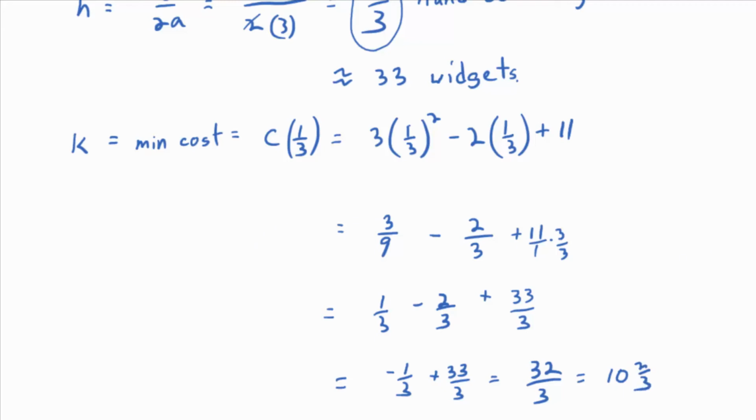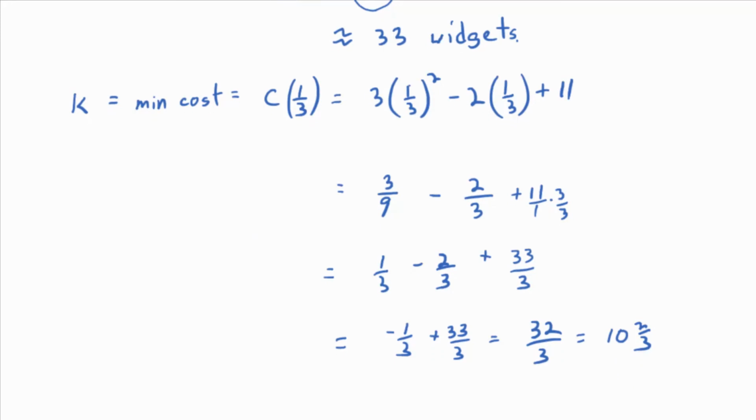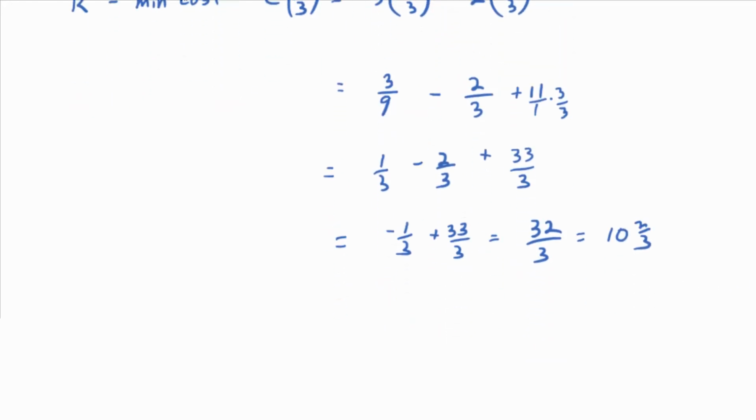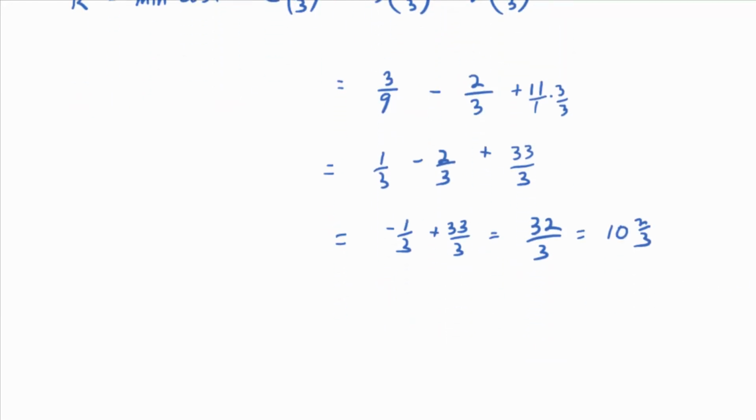So k is in dollars, right? So just logically, you might care about 2/3 of a dollar. I don't know how much you'd want to round off here. It depends on the application, on what the widget really is. If you're going to round the other number to 33, it might make sense to round here in the first place.